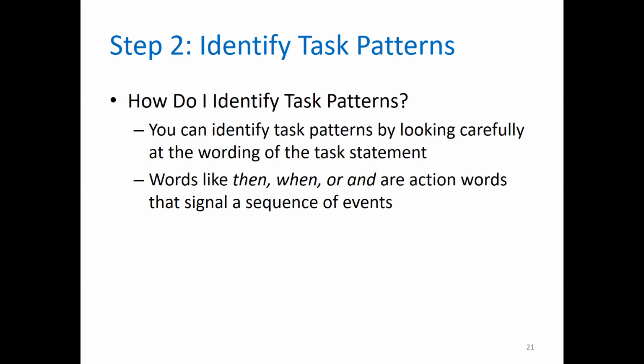First, you have to carefully read what it's saying. Then you start looking at the wordings. Words like then, when, or, and give you those interconnecting concepts or phases, and with that you can indicate the sequence of the events.